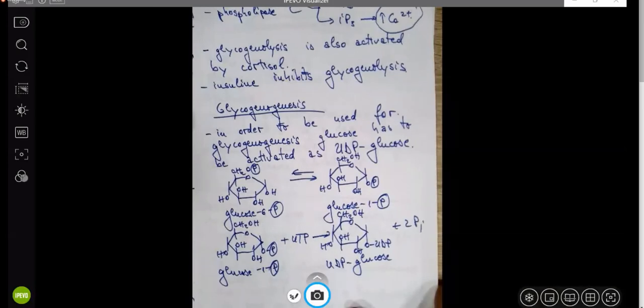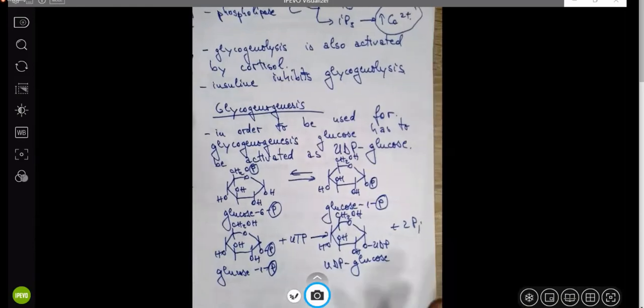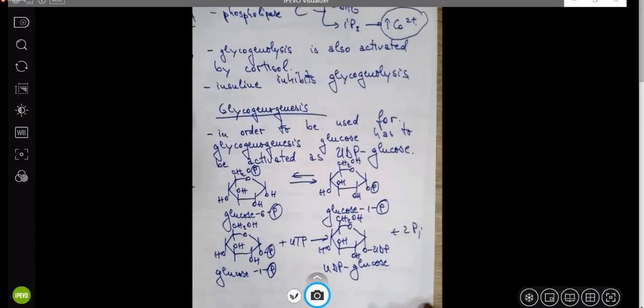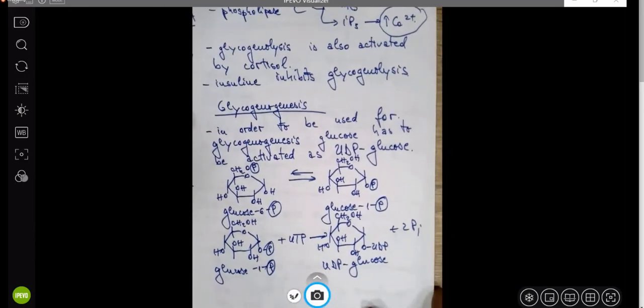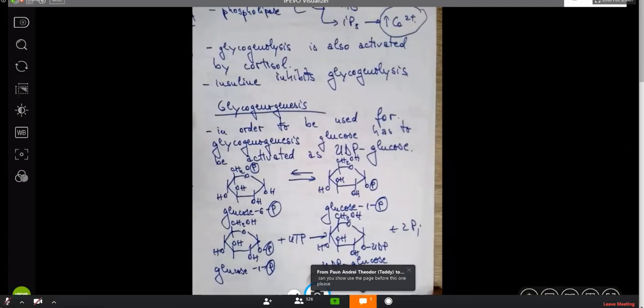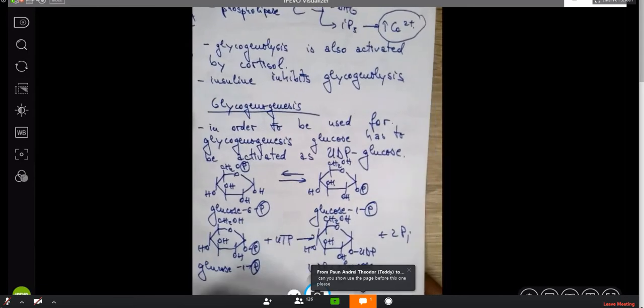If your final subject is UDP glucose, you have to write also the way I'm obtaining UDP glucose, these two reactions, and what I am doing with UDP glucose. So I can use UDP glucose for glycogen synthesis, or I can use UDP glucose for glucuronic acid biosynthesis.